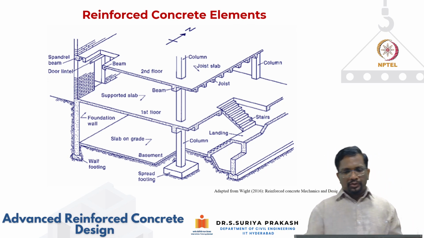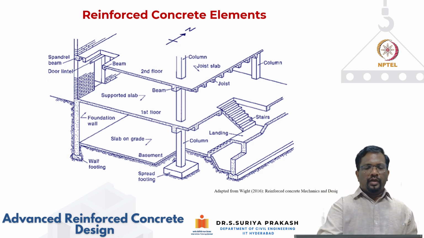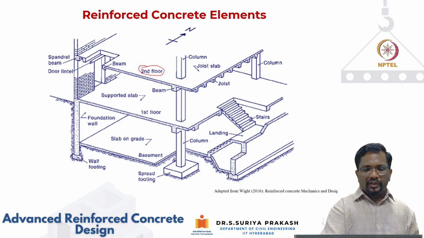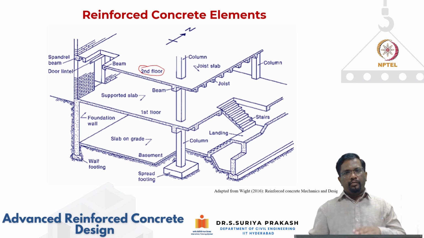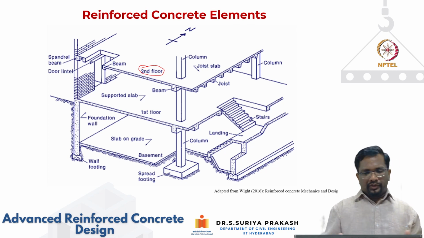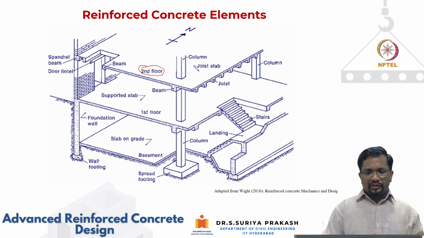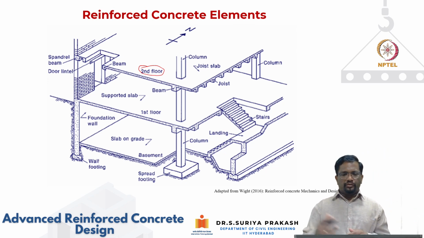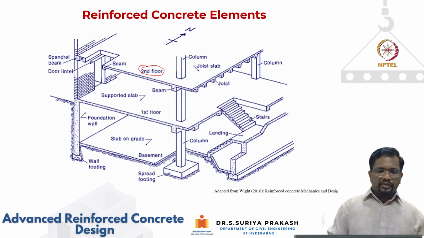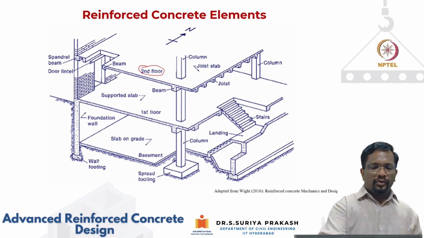Usually in a building, we all know that we have slabs. For example, if you look at the second floor, it is supported by a slab. On the bottom you have joists, which are small beams spaced at certain spacings, usually about 3 feet, 4 feet or 5 feet depending upon the requirements. We apply the loads on the slab.